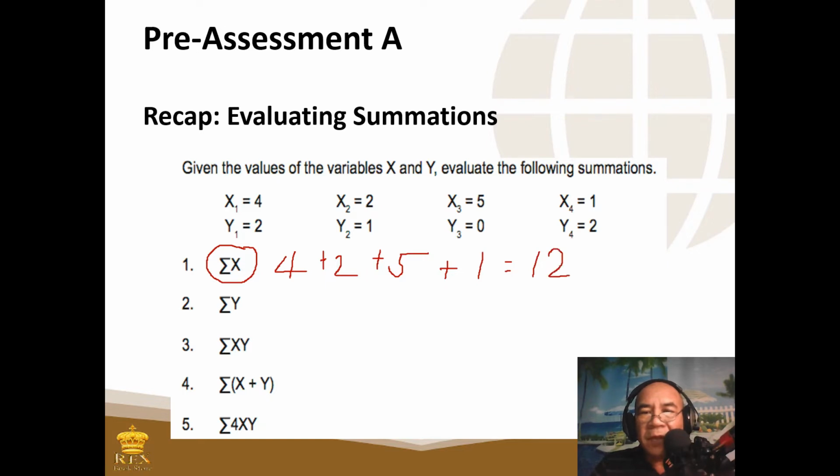So summation of x is equivalent to 12. Okay? And the rest of the problem, you're going to solve. So you are tasked to solve these problems. All right? So let's go to the next slide.